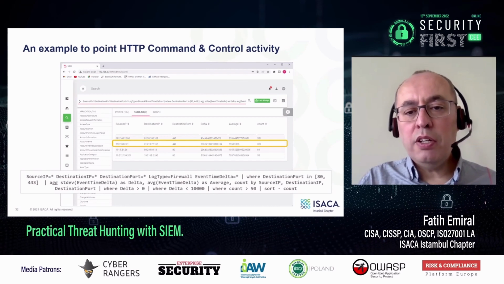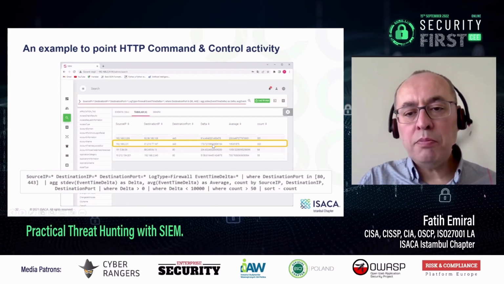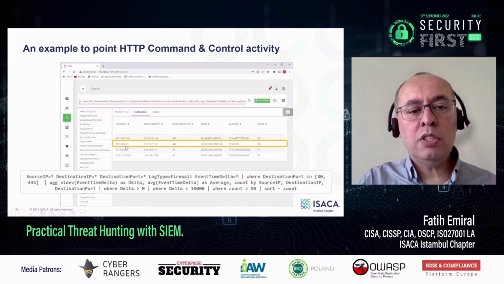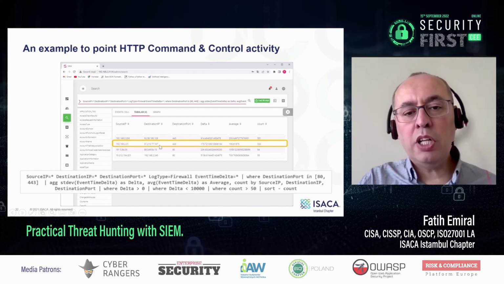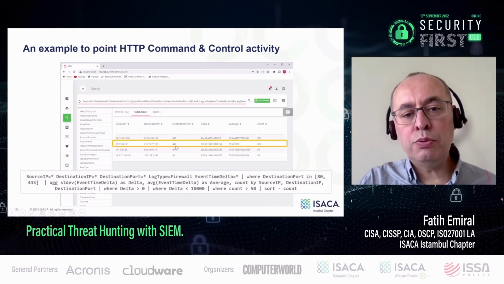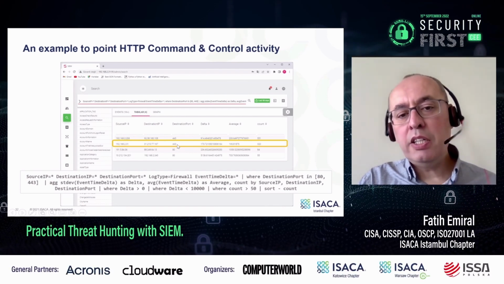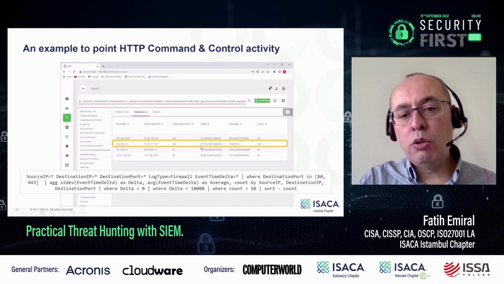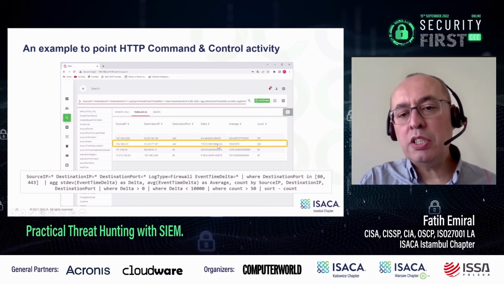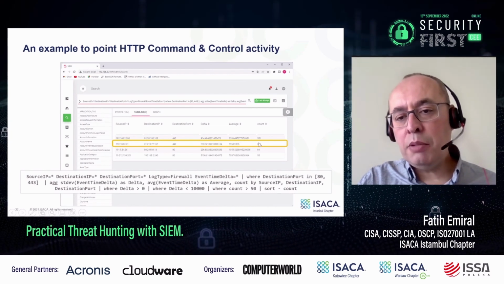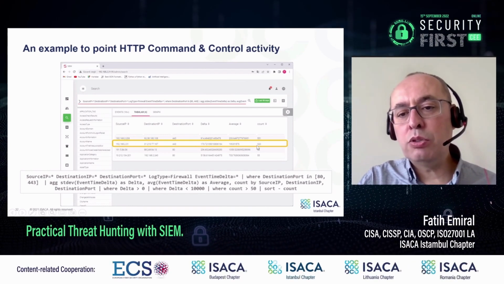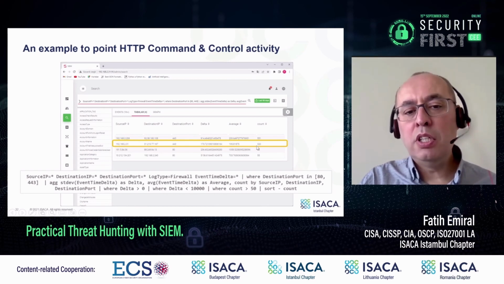So in here we can see the activity happening between .31 and this external IP address using this 443 HTTPS port. It has the lowest standard deviation number here, and it also has a good number of count here, 320 requests.